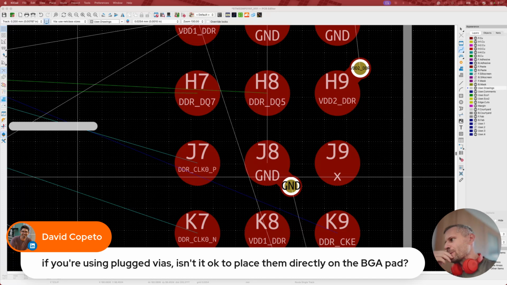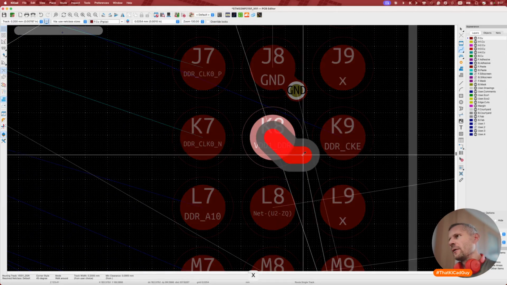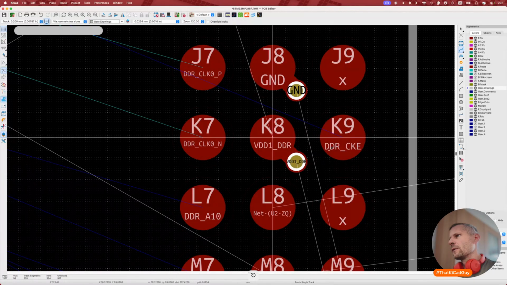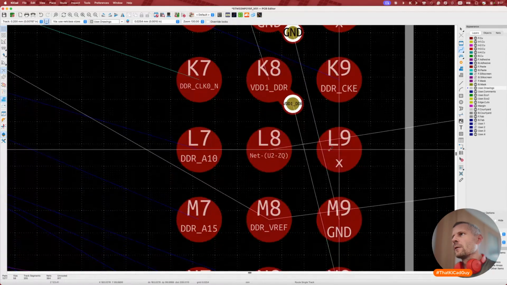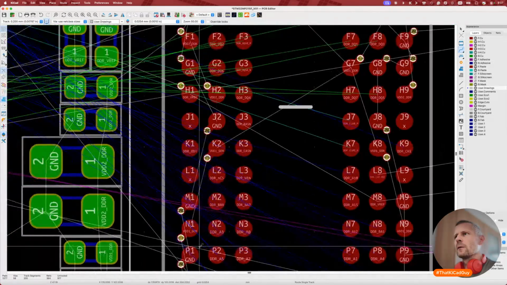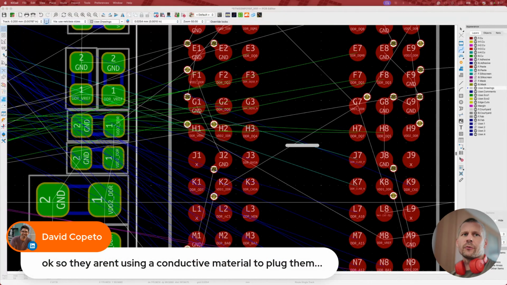So via in pad is something different than the plugged via. So yeah, I don't want to use it. I don't really know. We can check it.